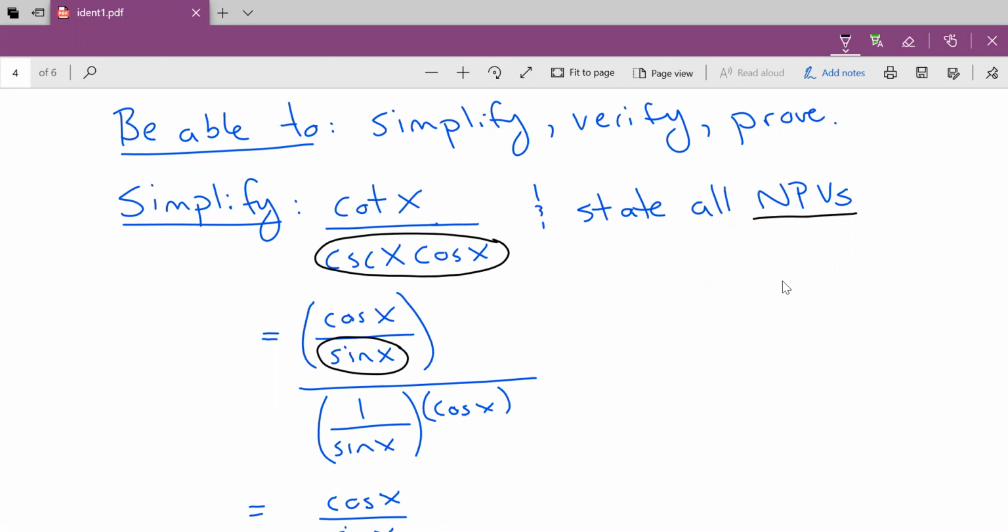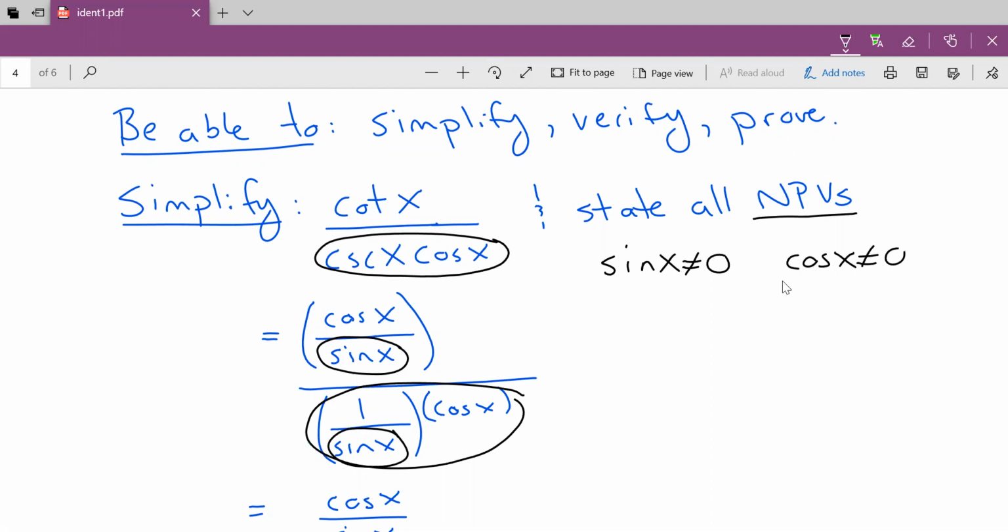So cotangent's also not defined for sine x being equal to 0. So maybe I'll just look at this line here. It's a little easier for me to see. So for my non-permissible values, I need to say, well, that's where sine x can't be 0, and where cos x can't be 0, and this guy here is sine x can't be 0, but I've already got that.